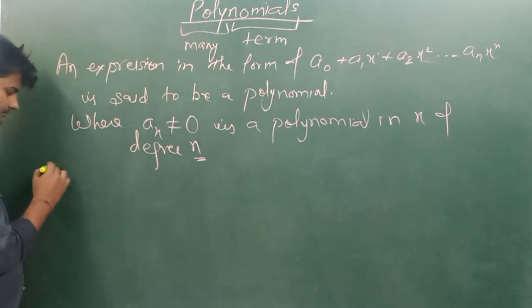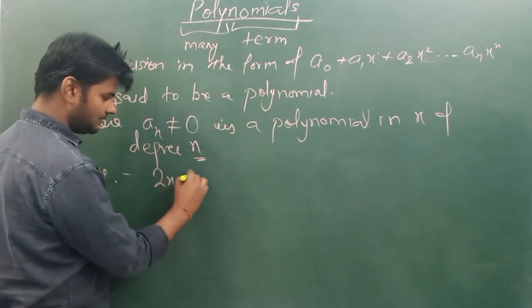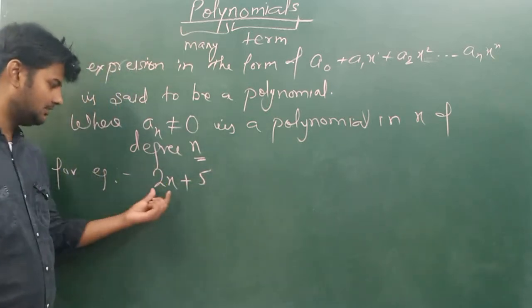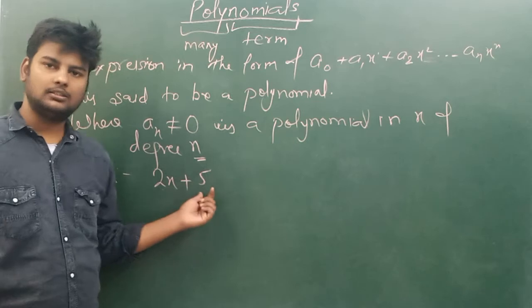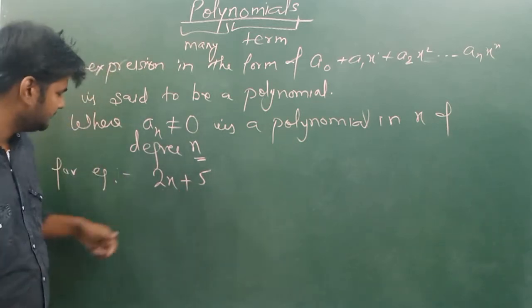For example, 2x plus 5. Here we see there are two terms, 2x and 5, which are separated by the positive sign.